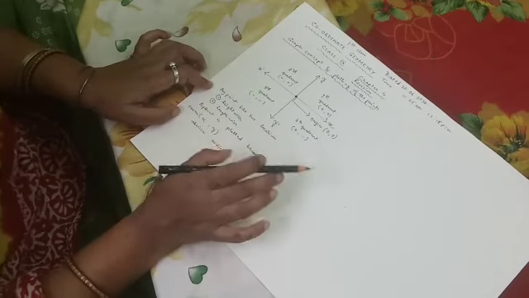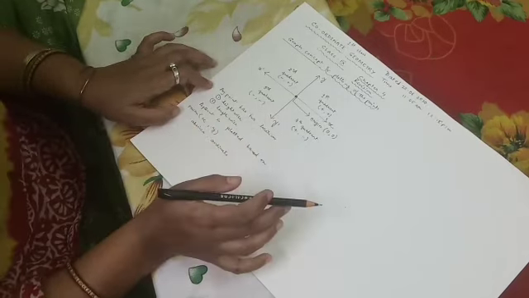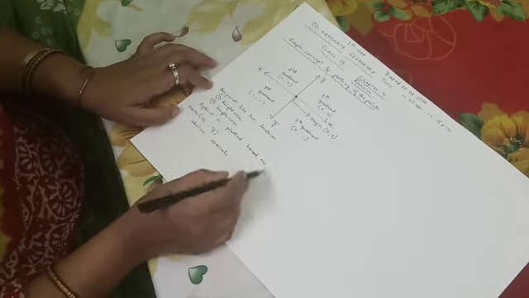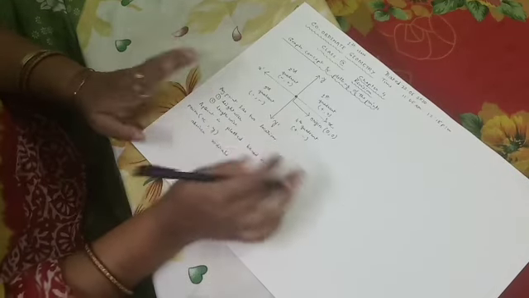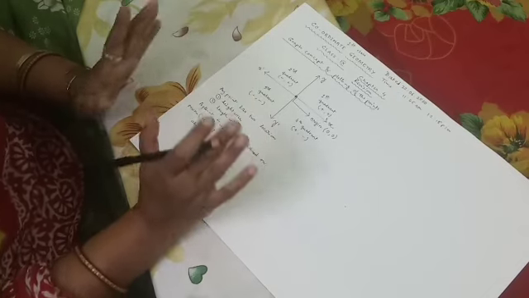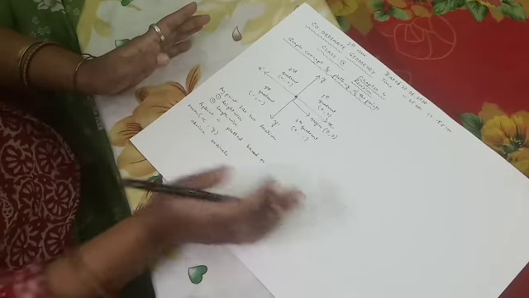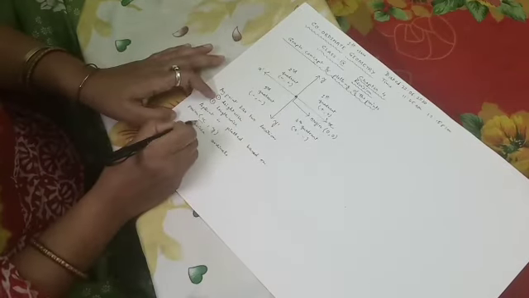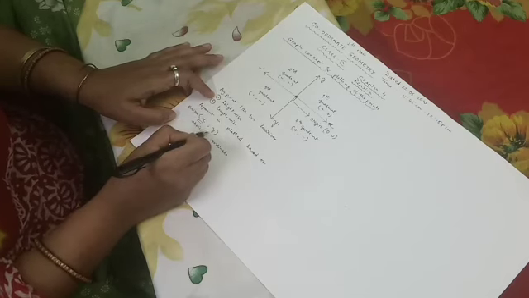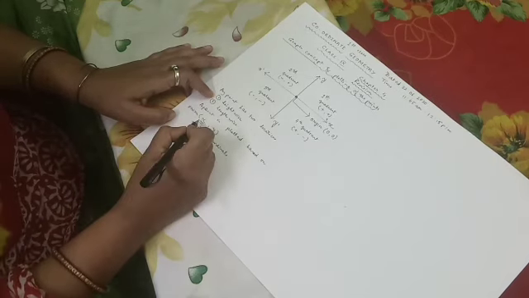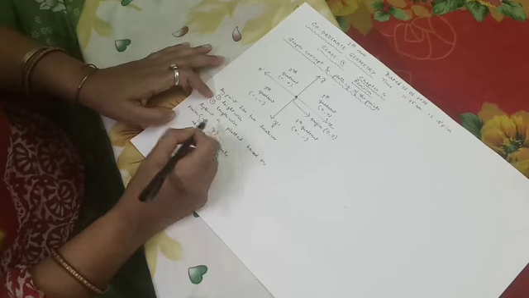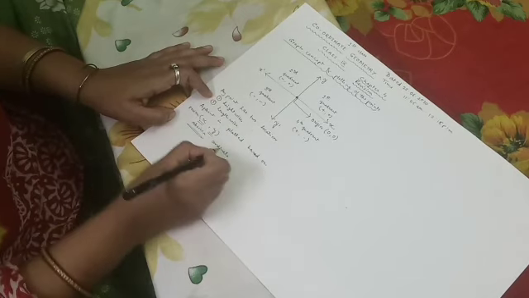One is height-wise, another is length-wise. A point is plotted based on two locations. So we consider one as x, another as y. X is called the abscissa and y is called the ordinate.